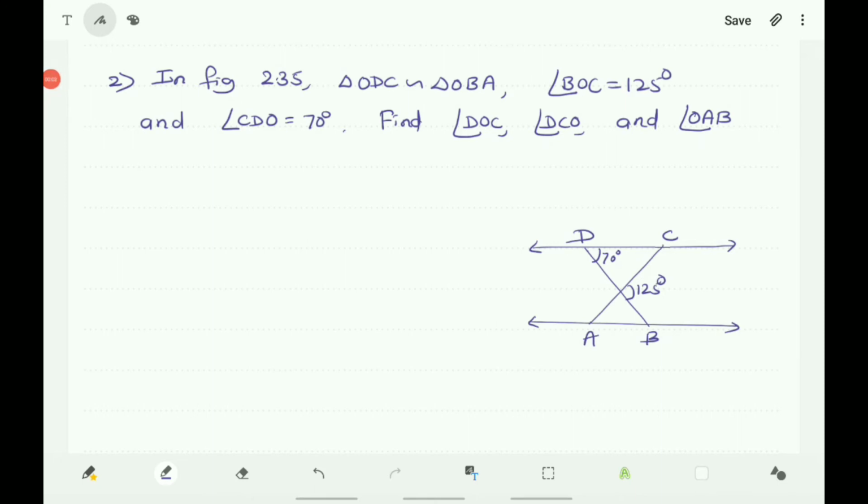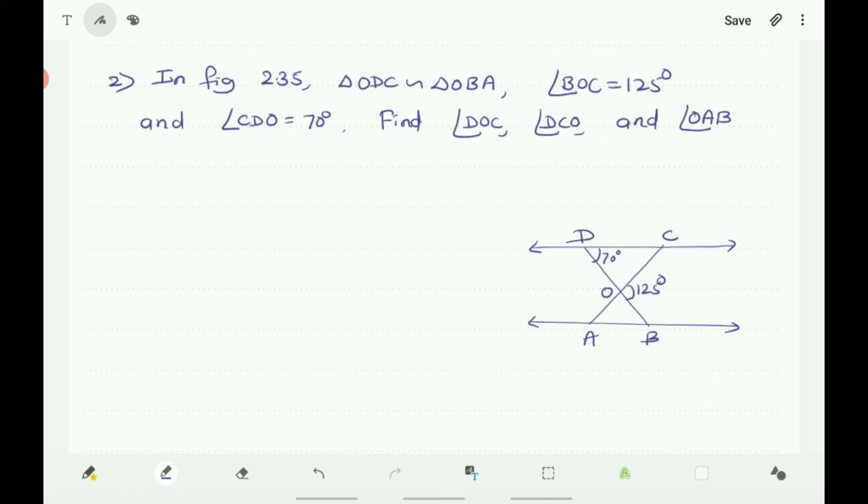See question number 2. It is given that in figure 2.35, triangle ODC is similar to triangle OBA. Angle BOC is equal to 125 degree and angle CDO is equal to 70 degree.